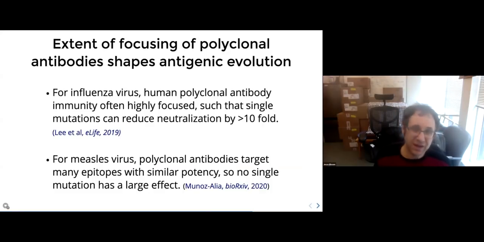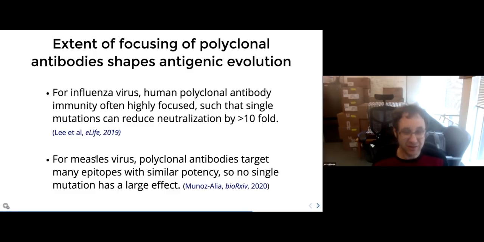So for influenza virus, if you look at human polyclonal antibody immunity, it's often highly focused, such that it's not unusual for a single mutation to the virus's hemagglutinin protein, its main surface protein, to reduce neutralization by that polyclonal antibody immunity by greater than tenfold.